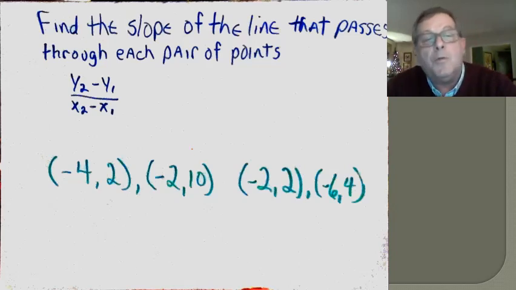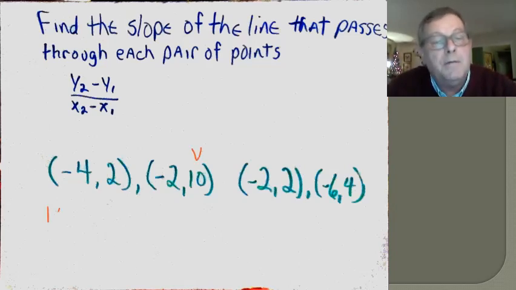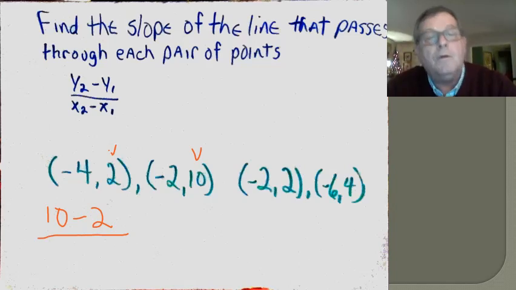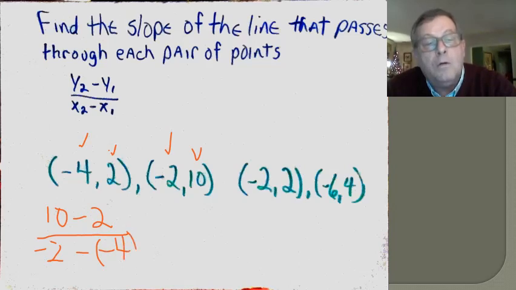So y2, I'm going to pull from right here, 10, minus 2, there's my y1, over, well, there's my x2, -2, minus, and there's my x1, -4.